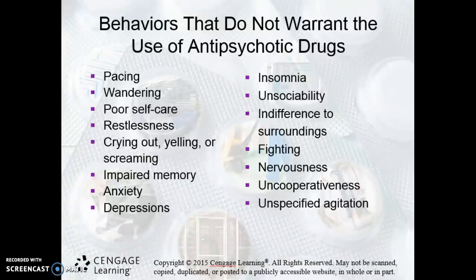A lot of the elderly patients are going to have some of these characteristics simply because of age. Maybe they have Alzheimer's or some other condition that leads to some of these behaviors. But the whole idea is they can't just give them an antipsychotic drug so that they don't have to deal with the behaviors. So those are some of the big things regarding the laws for long-term care pharmacies.